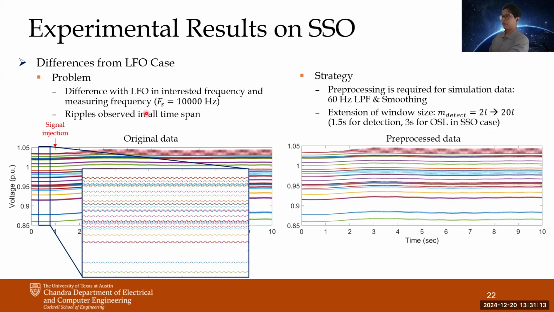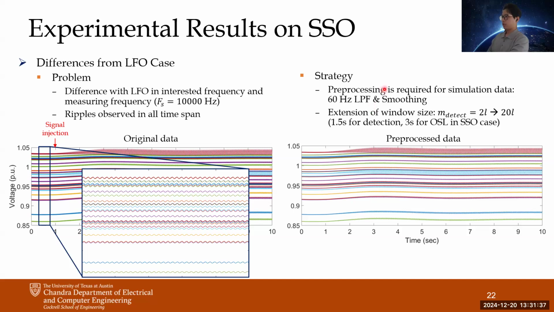So we first applied the same preprocessing method, which was discussed for the real oscillation data, to this subsynchronous oscillation case, even though it was a simulation data set. But in this case, we applied a 6 Hz low pass filter and the same smoothing function as in the previous case.